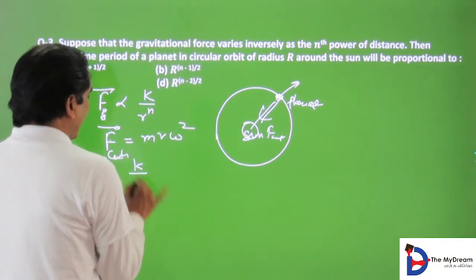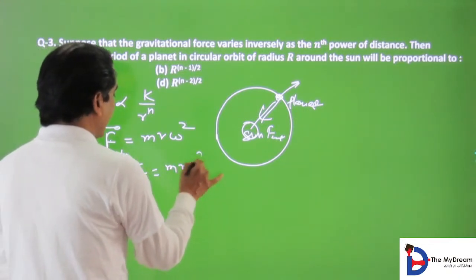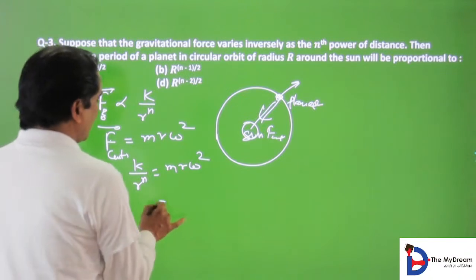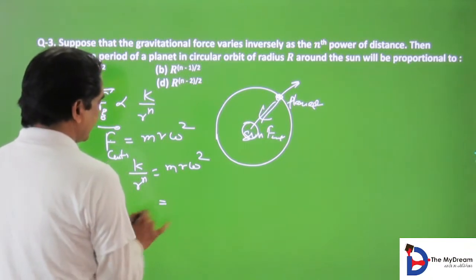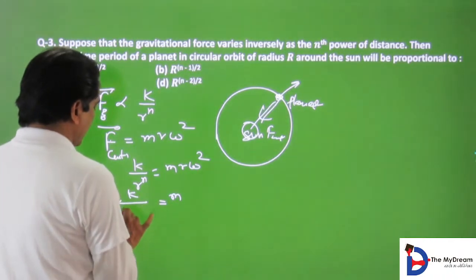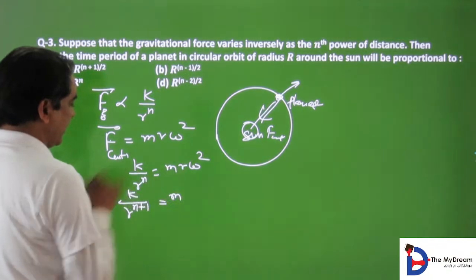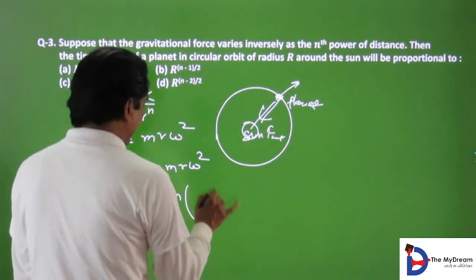So k by r raised to power n, m r omega square.